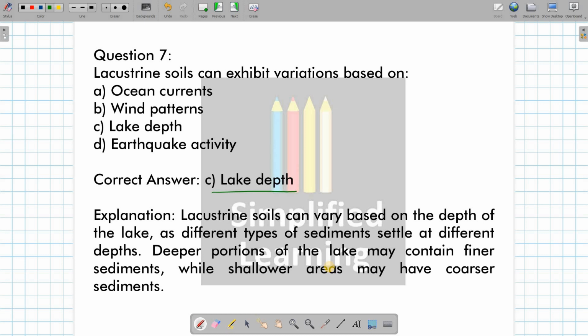Deeper portion of lake can contain finer sediment, while shallow portion may have coarse sediment. Means deep portion will be having finer particle deposition, while shallow areas may be having the coarser particle sedimentation. That's why lacustrine soil can exhibit variation based on what? Lake depth. With respect to varying depth of the lake, the soil variation may be there.